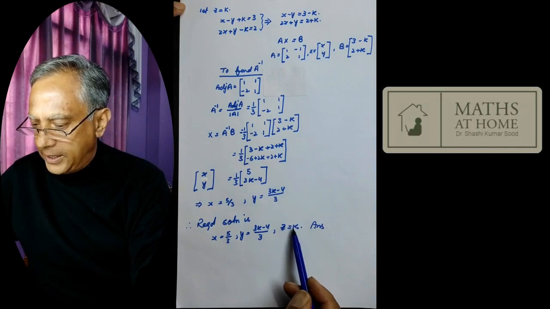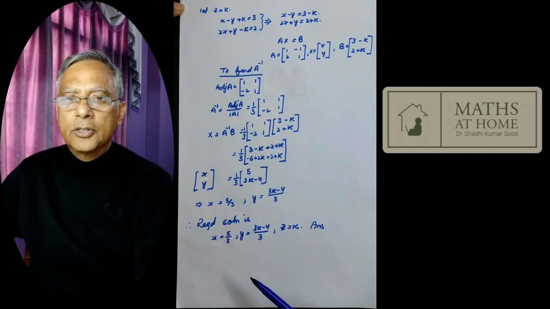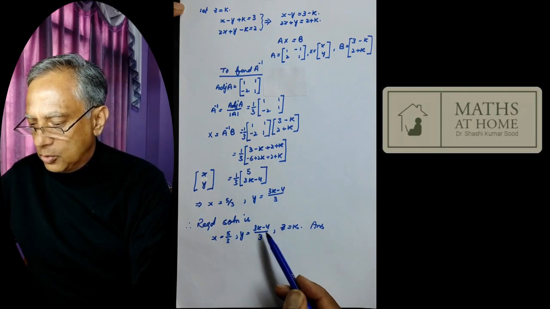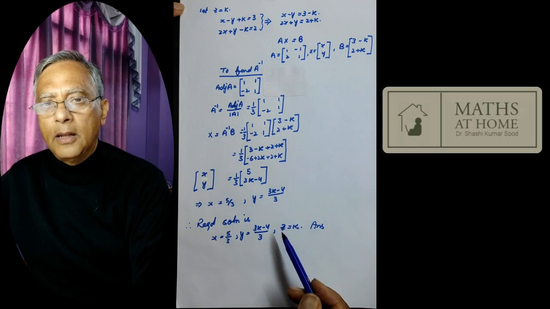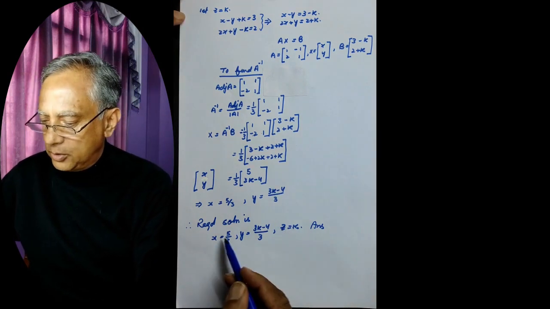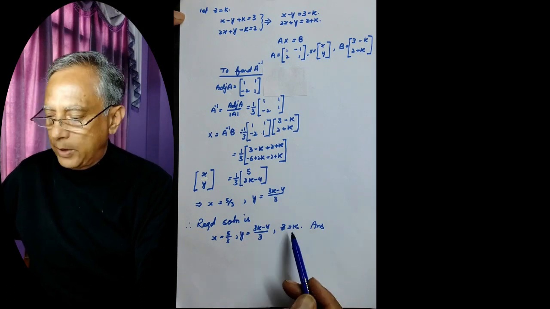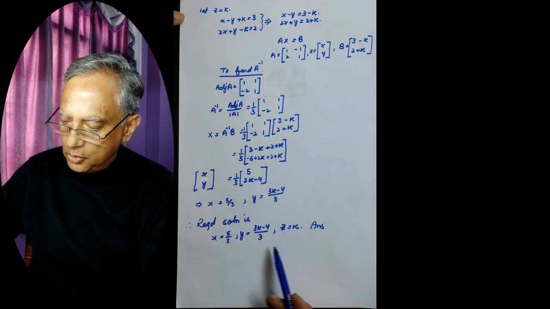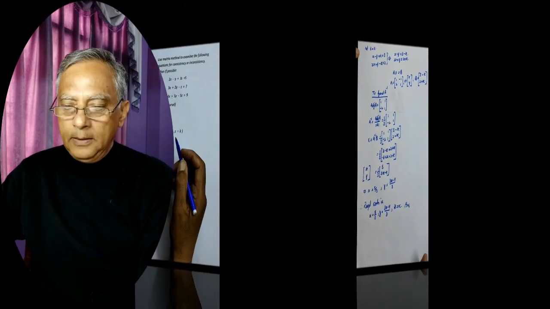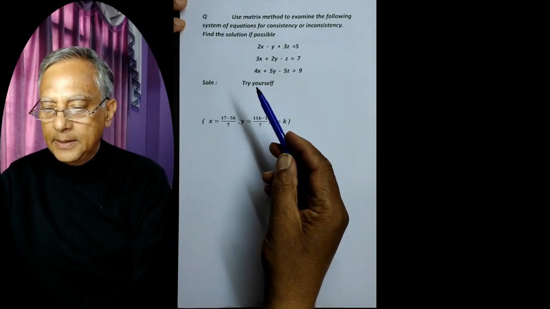And different values of k will give different solutions. k equal to 1 will give one solution, k equal to 2 another, k equal to 3 another, 1.1 one more solution, and similarly you can generate infinitely many solutions, and all these solutions will satisfy the given system of equations.